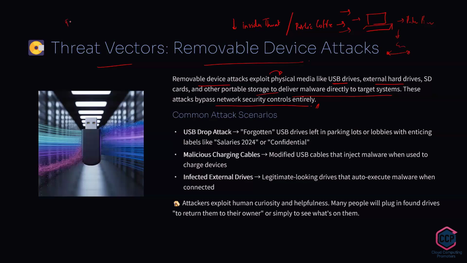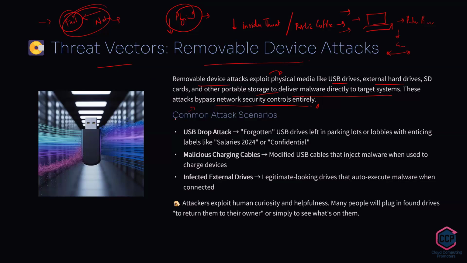Network security control is the firewall, which he needs to come through via the network. Right now, he is doing everything physically, so he doesn't have the challenge of bypassing your firewall or getting into your PC via the internet. That is why the bypass of network security control is mentioned.